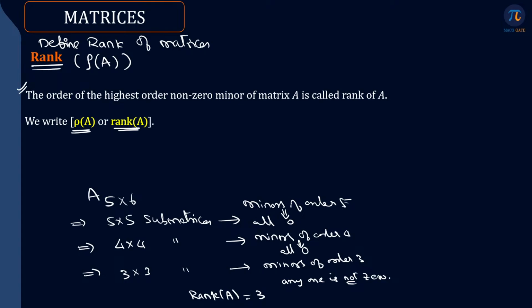For this matrix the highest order minor possible is order 5, minor of order 5. If all the minors of order 5 are 0, you have to go for minors of order 4. Suppose you find a minor of order 5 which is non-zero, then rank will be 5. Am I clear? So this is actually the definition.